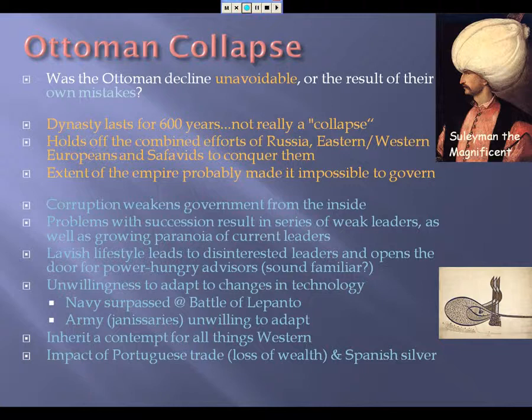What's interesting about this is that his father, whose name was Selim the Grim, not a great nickname for dad, became paranoid that his children were at some point going to attempt to overthrow him. And so he engaged in, let's just call it the mass slaughter of his own children. He had all of them executed except for the one that he was pretty sure was the dumbest and therefore the least threat.